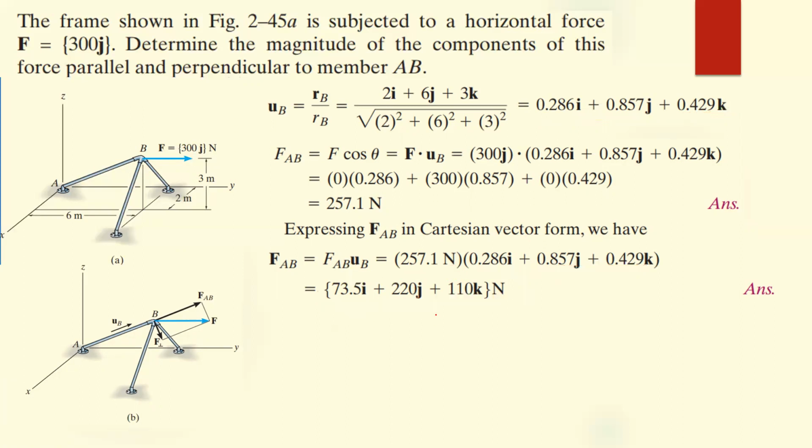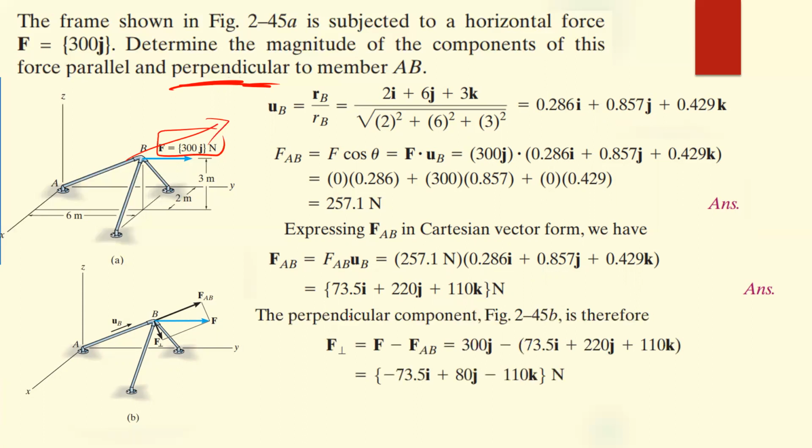Okay, so from there, the other thing that you now need to do is find the perpendicular component of this same force directed along AB. How do you find the perpendicular component? You simply have to subtract. I drew something like this and showed you how I came up with that.